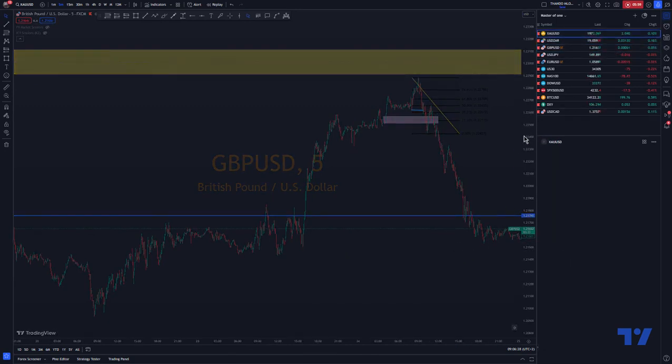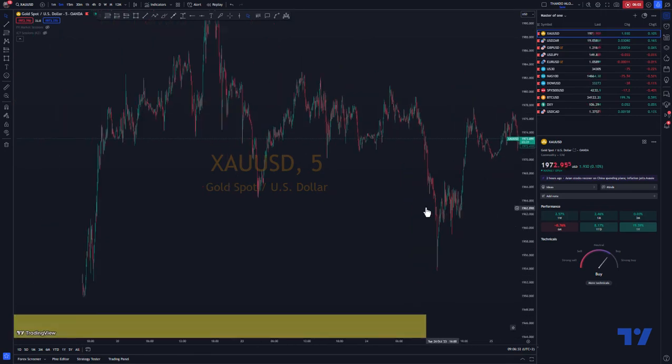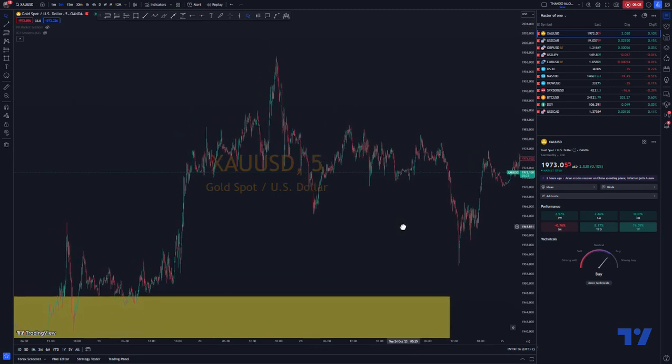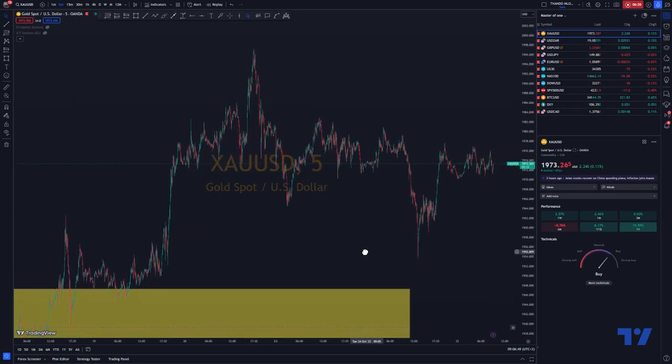And let us look at gold. What was happening on gold? M5 gold yesterday. We had kind of a head and shoulders pattern, kind of like a Quasimodo pattern, with an entry over here to the downside, taking a profit over here. But I wasn't looking at gold much as it was buying.